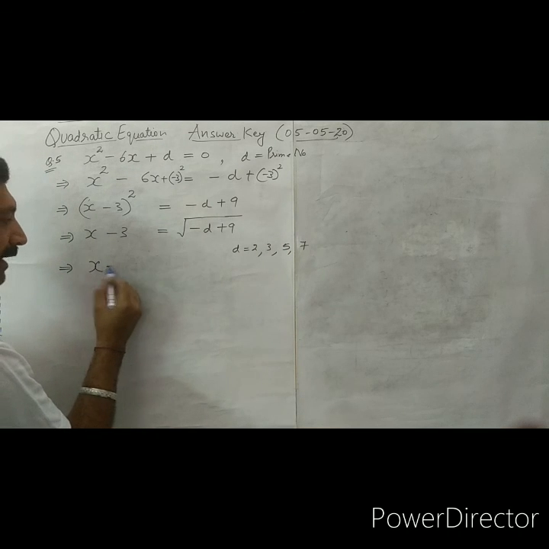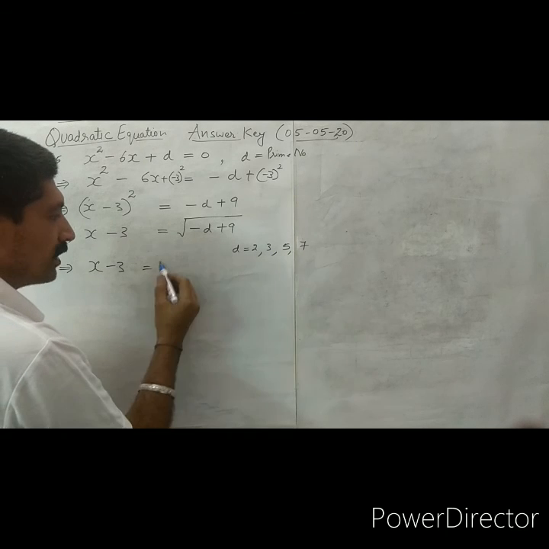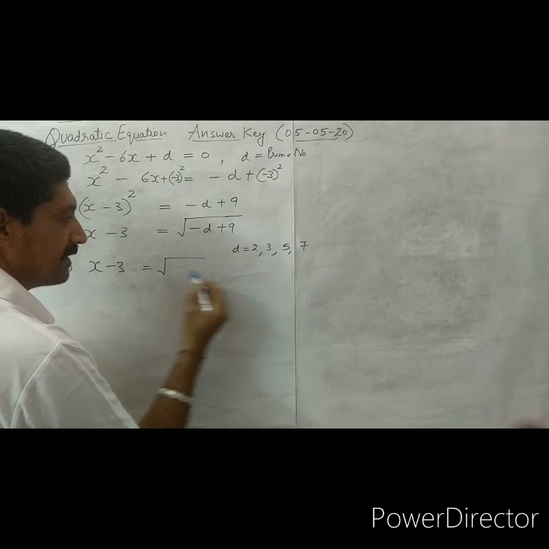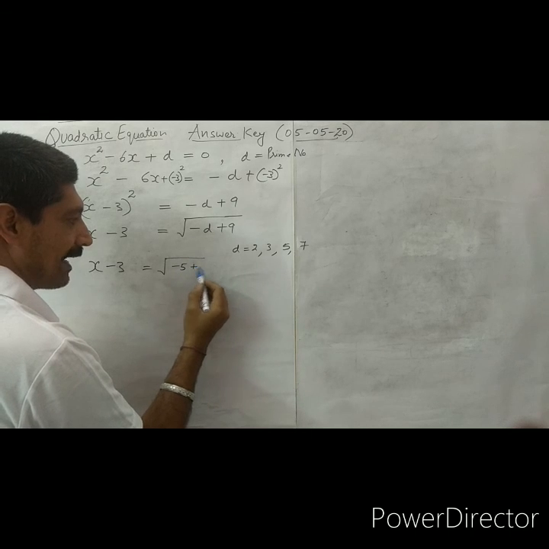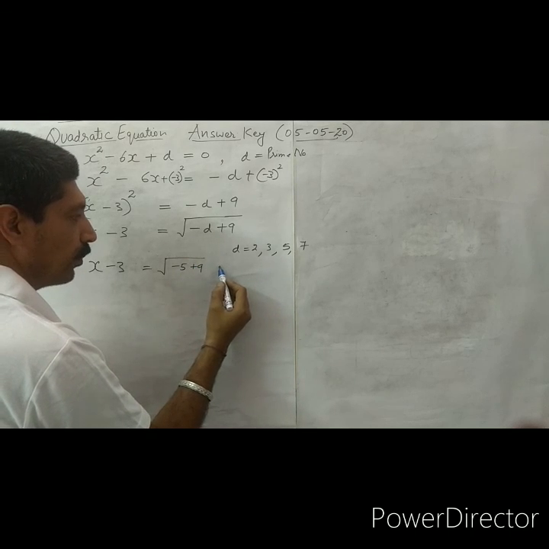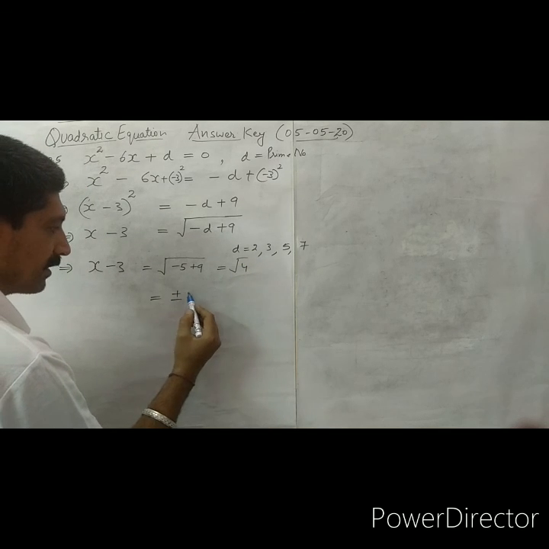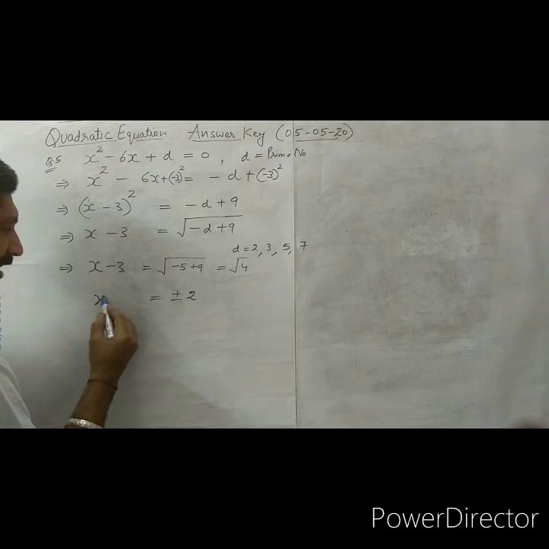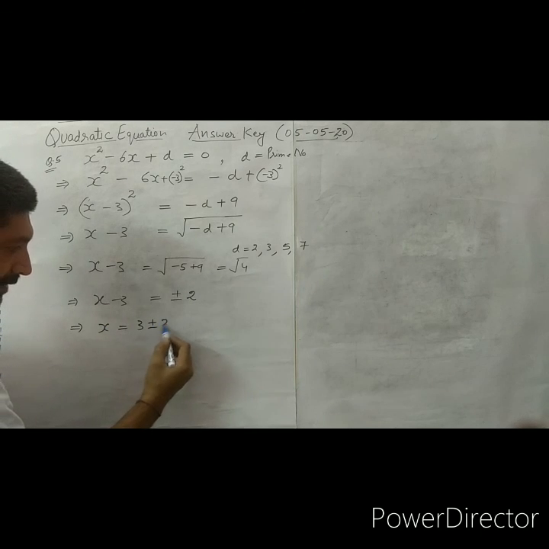So here x minus 3 is equal to under root, if it is minus of 5 plus 9, which is equal to under root 4. So under root 4 is equal to plus minus 2. So x minus 3 is equal to plus minus 2, which further implies that x is equal to 3 plus minus 2.